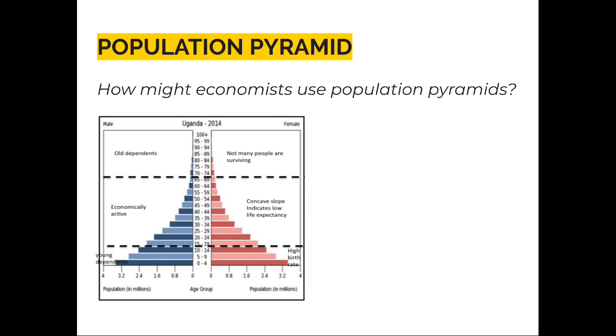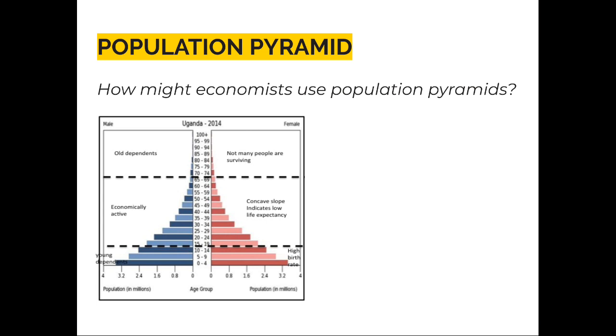Okay, next, population pyramid. We have studied this, right? But I would like to explain to you how we can read this. Basically, we have age distribution. How can we see it? The age distribution is shown by the y-axis, the vertical line.